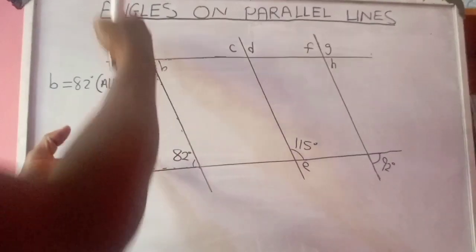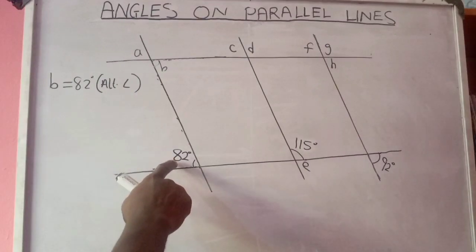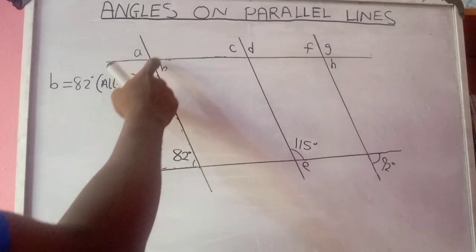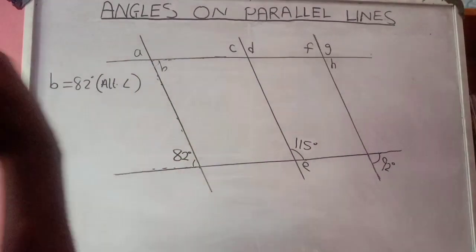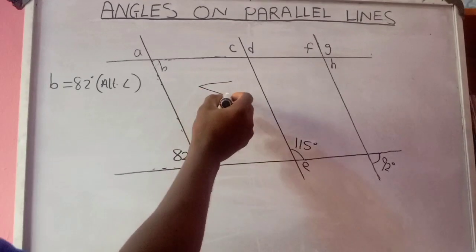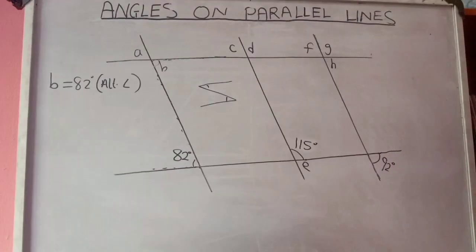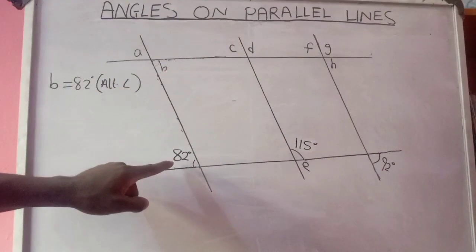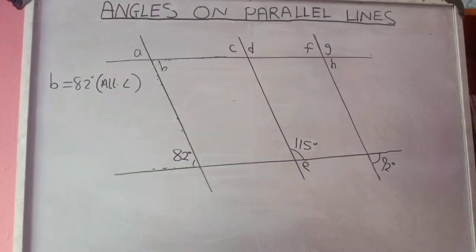I hope this is quite clear from the explanation we gave on alternate angle. You get it that this is a transversal line. This angle is here from this our popular Z. You can see the joint of each of the Z as you have it like this. Each of the joints are said to be alternate to one another. So that is why we said that B is equal to 82, because both of them are alternate angles, and alternate angles are equal.